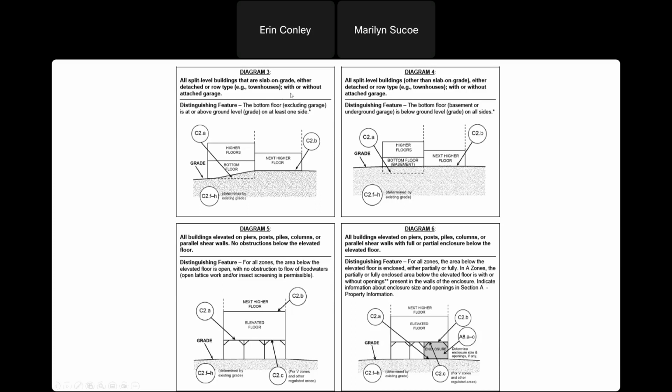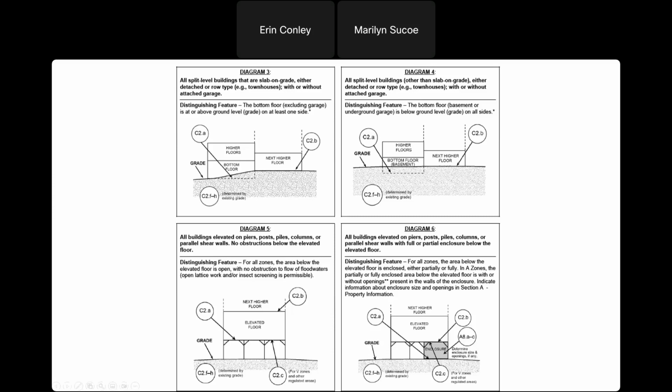And they'll explain with or without attached garages. And they're pointing out to you here what elevations you need to provide in section C. So for example, diagram 3 is telling you that you need to have an elevation at C2A, an elevation at C2B, and then F through H need to be completed.